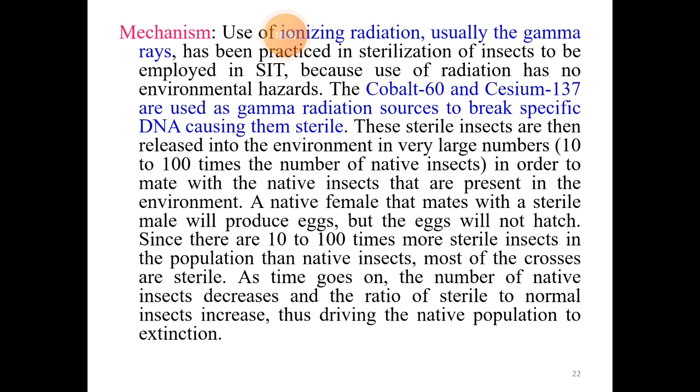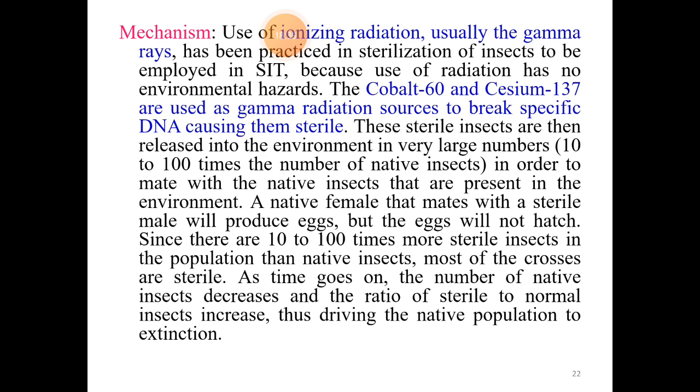They mimic the radioactive elements. So here are all the radiations. Here are the chemicals which will emit the radiations of gamma type. So, breakage of DNA induces sterility, especially on courtship behavior, which is induced in males.